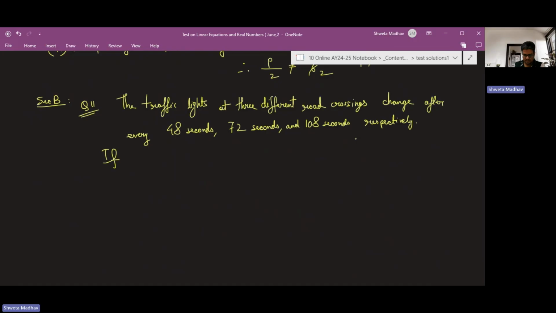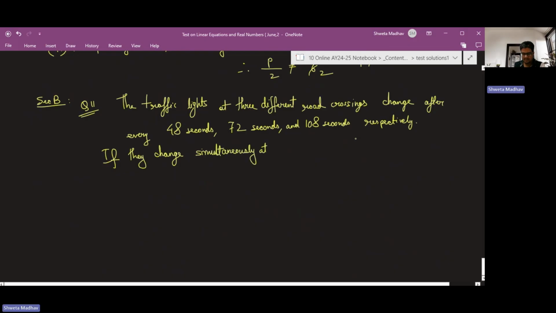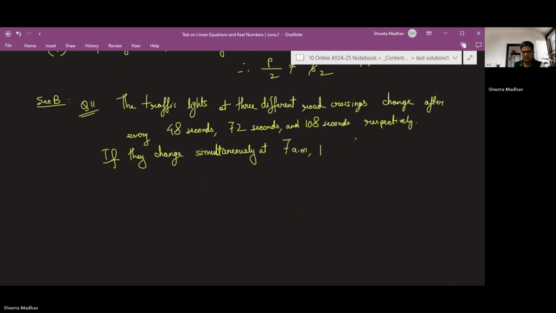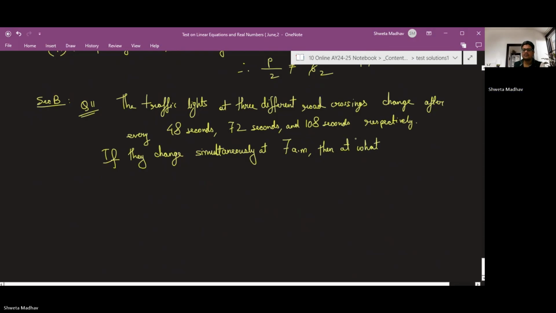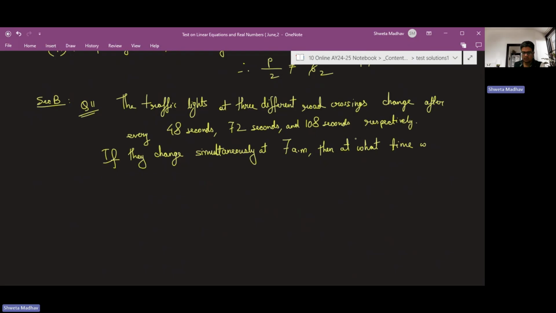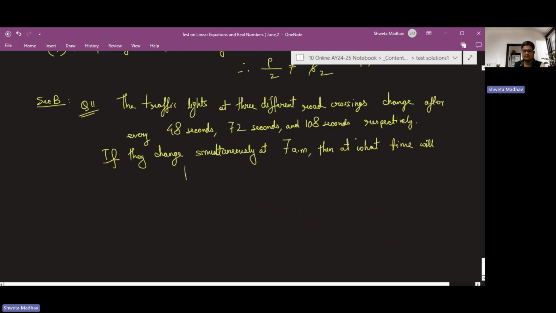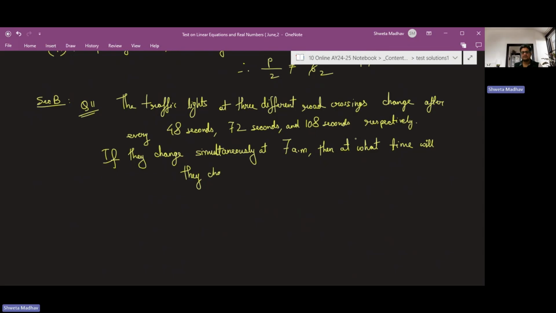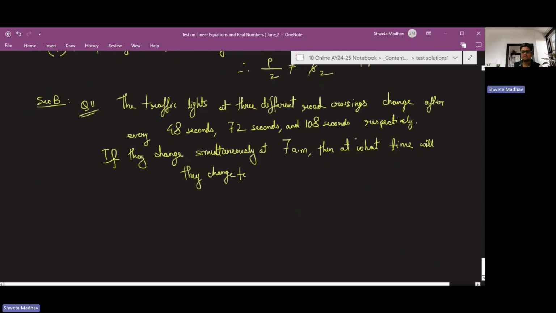If they change simultaneously at 7 a.m., then at what time will they change together next?